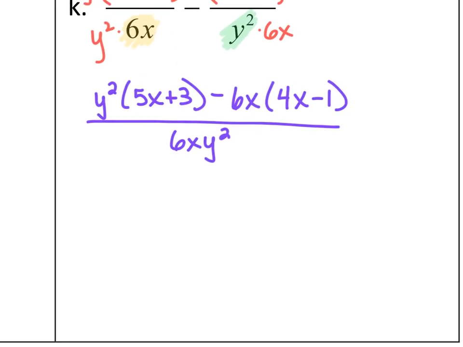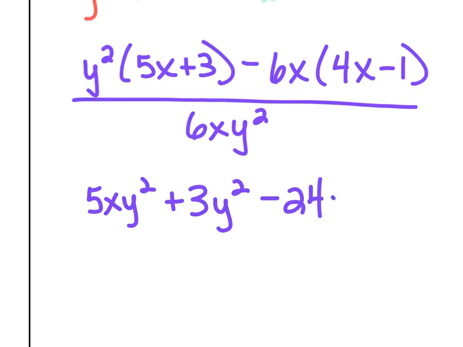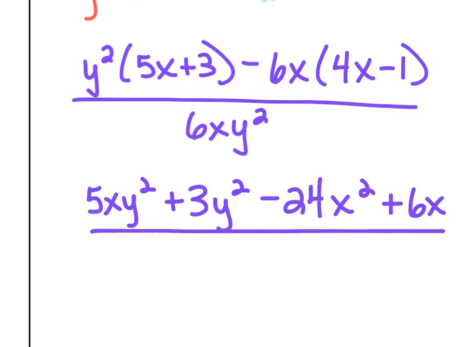Now you can do the distributive property, and you end up with 5xy squared plus 3y squared minus 24x squared plus 6x all over 6xy squared.